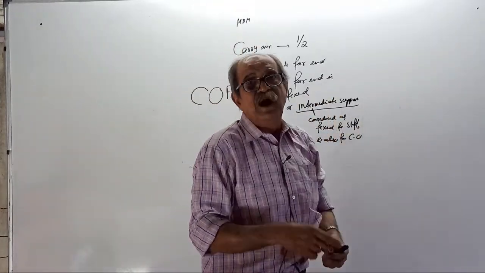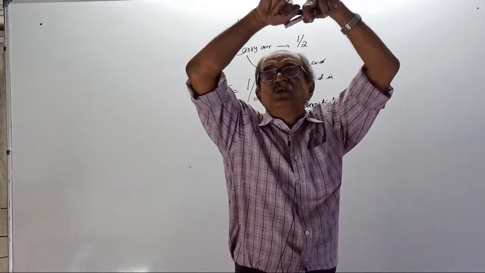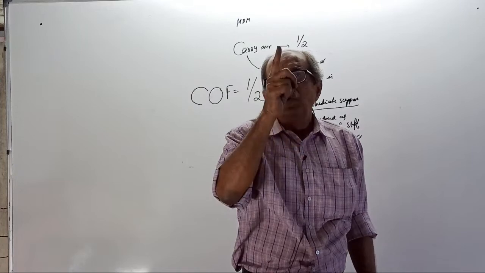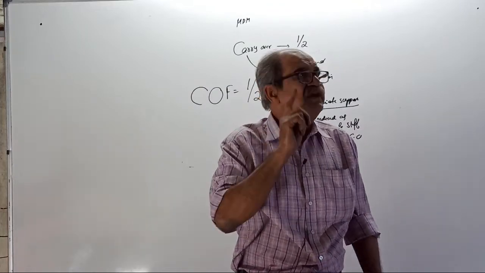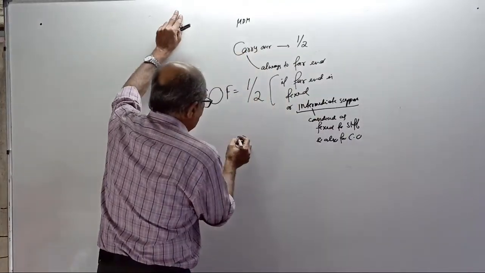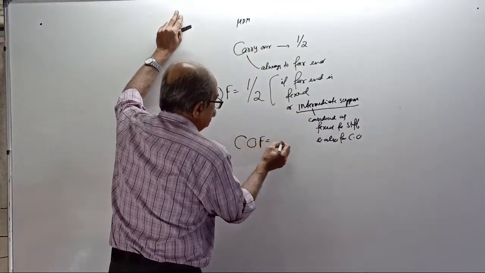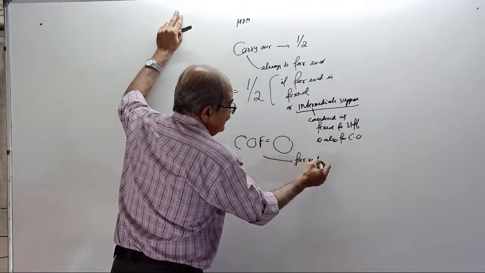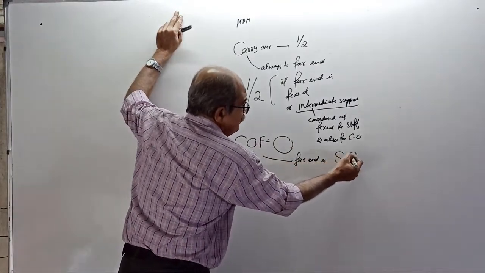Therefore, I will give a firm warning now: you carry over half to the far end only when it is fixed or intermediate. And remember, carryover factor equal to 0 when the far end is hinged or simply supported.